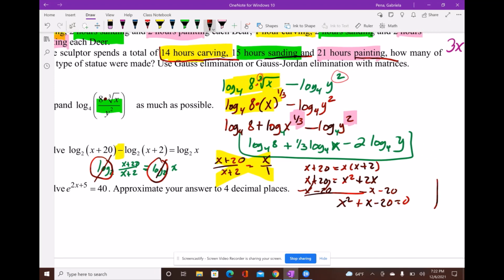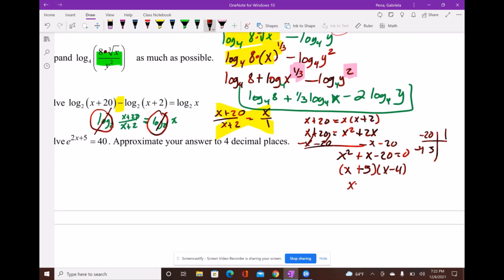This here, you could factor out two numbers that multiply to 20 and add up to 1. 4 and 5. Who's who? Negative 4, positive 5? No. Positive 4, negative 5, because it's a positive 1. Now, we're still not done. You have to set them equal to 0.